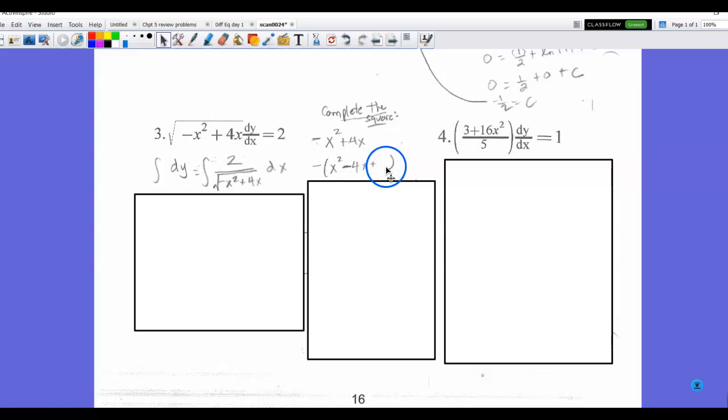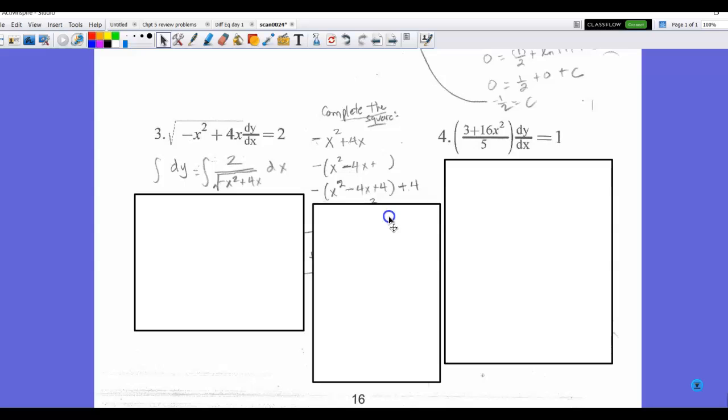So I'm going to add a 4 on the inside, but being very, very careful. Even though it looks like we're adding a 4, we have to remember that that 4 that we just added on the inside gets multiplied by a negative. So it seems like we're adding a 4, but it's actually a minus 4.